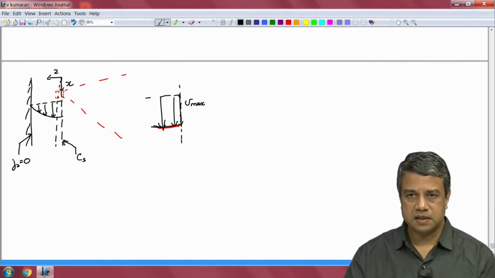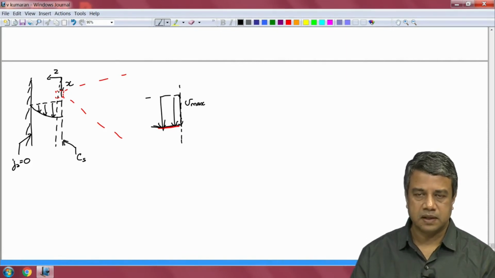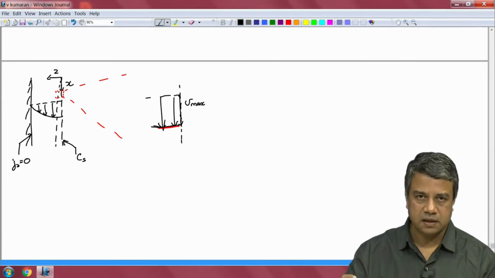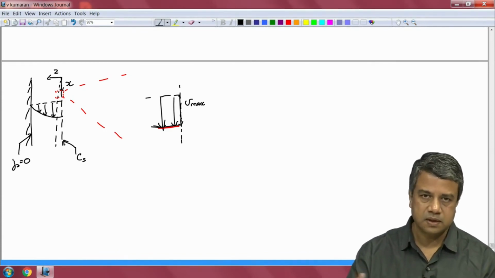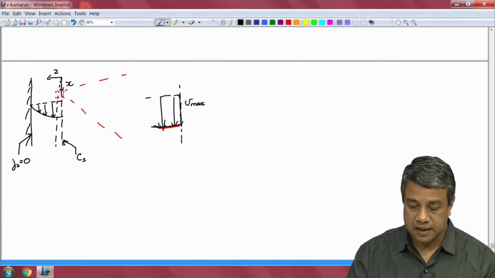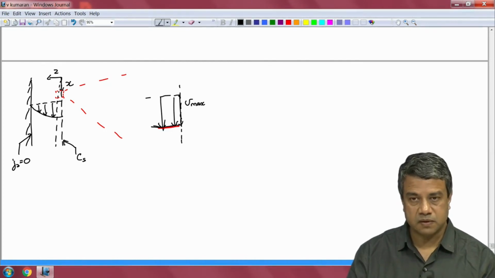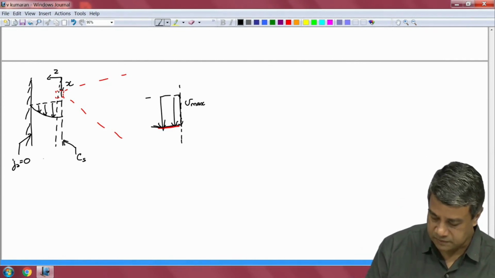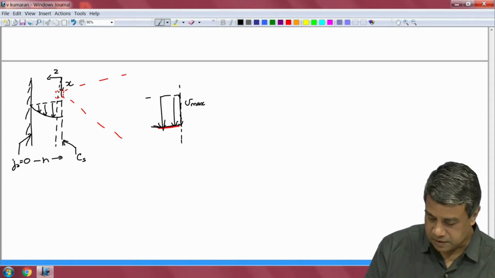So, as this parcel is moving along, if we neglect the diffusion in the x direction in comparison to the cross stream diffusion, and if the penetration depth is small compared to the thickness of the film, I will call the thickness of the film as h, say.